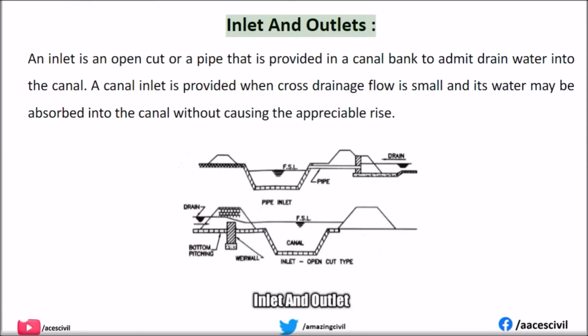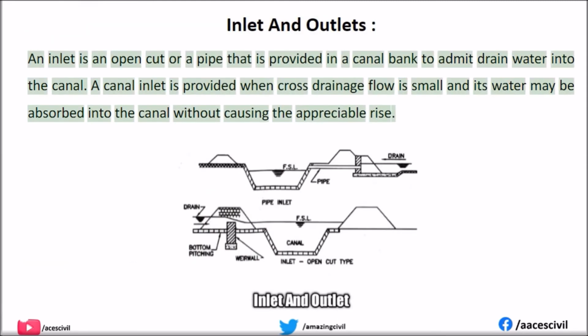Inlet and outlets. An inlet is an open cut or a pipe that is provided in a canal bank to admit drain water into the canal. A canal inlet is provided when cross-drainage flow is small and its water may be absorbed into the canal without causing appreciable rise.